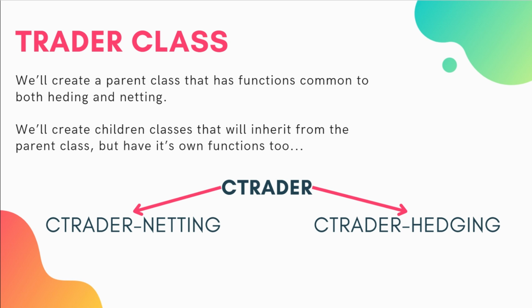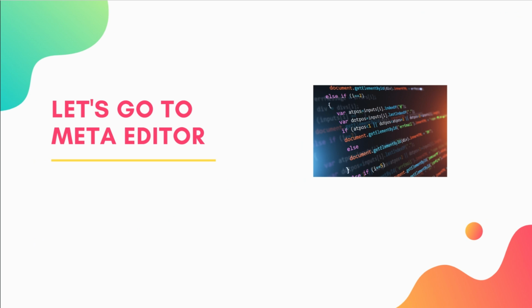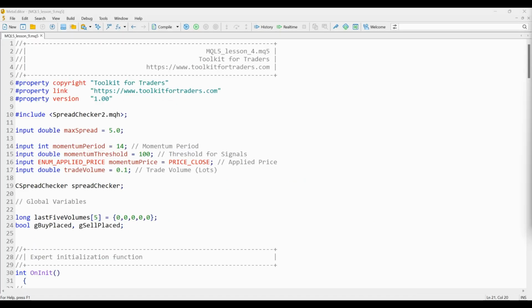We're going to have a CTrader netting class and a CTrader hedging class. So both of those child classes will inherit the functions we put into the parent, and then we can add bespoke functions and variables to the hedging and the netting classes respectively, so that it works with whichever mode of account type that your MetaTrader has. So without any further ado, let's go to MetaEditor and start to work.